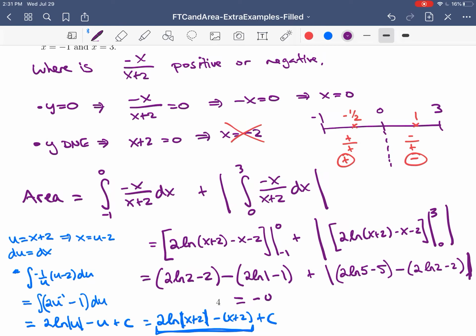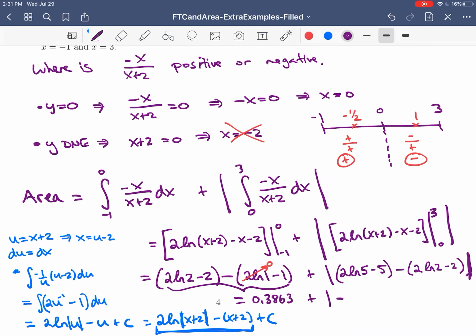So this is approximately, actually, I'm going to do this whole part, because ln of 1 is 0, I just have to add 1 to it. So this part should be 0.3863, and then I want to add 2 ln 5 minus 5 minus 2 ln 2 minus 2.